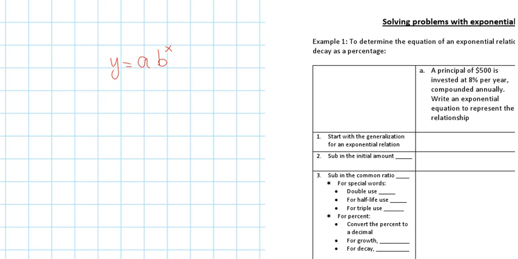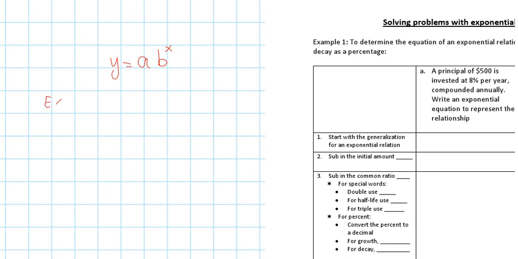So the exponential growth with rate was y equals a (1 plus i) to the power of x. You guys remember that? And then what would be the exponential decay? It's (1 minus i) to the power of x, right?